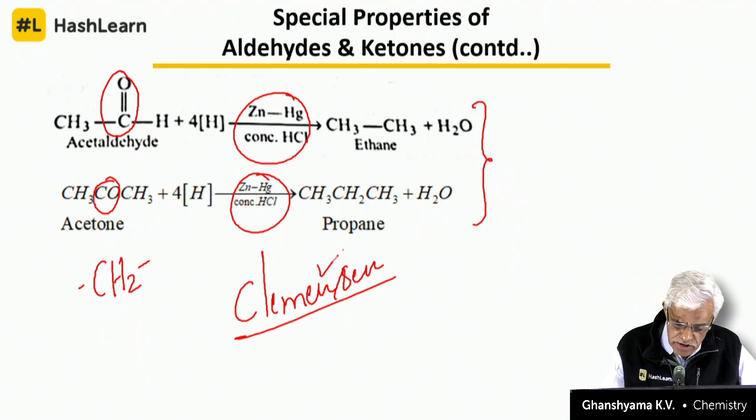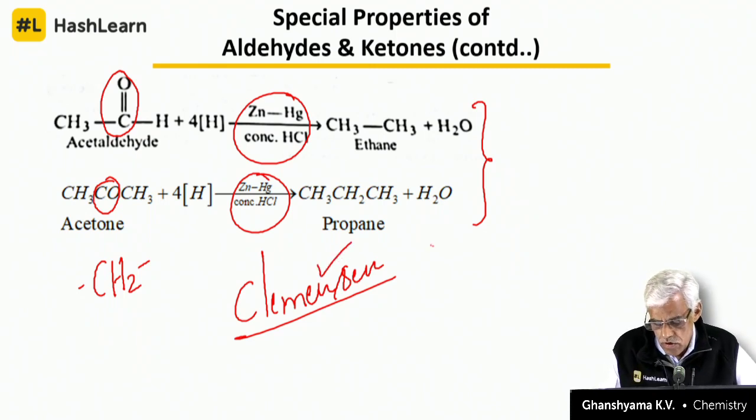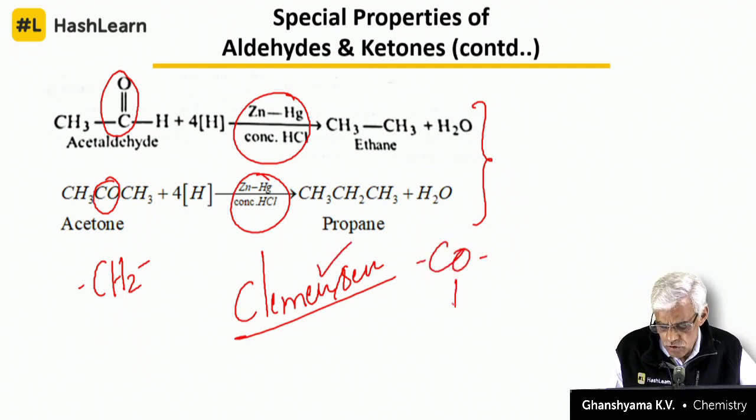So, Clemmensen reduction reduces the CO group into a CH2 group.